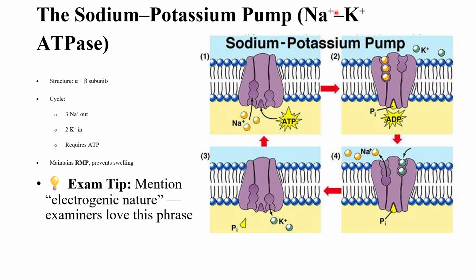As the pump runs continuously, it maintains the low intracellular sodium concentration that epithelial cells rely on for secondary transport. It keeps intracellular potassium high to stabilize the resting membrane potential in excitable tissues, and it prevents cells from swelling by limiting osmotic water entry.